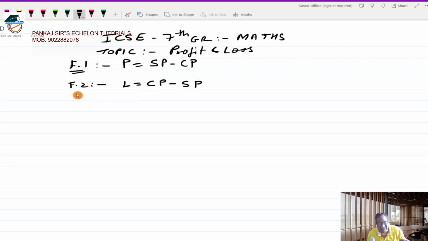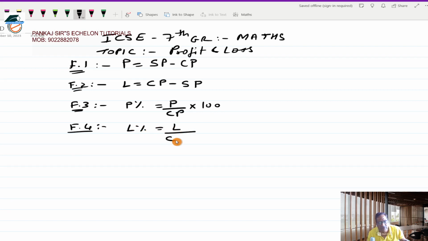Formula number 3 is profit percentage is equal to profit upon cost price times 100. Then formula number 4 is loss percentage is equal to loss upon CP times 100. These were the 4 main formulas.